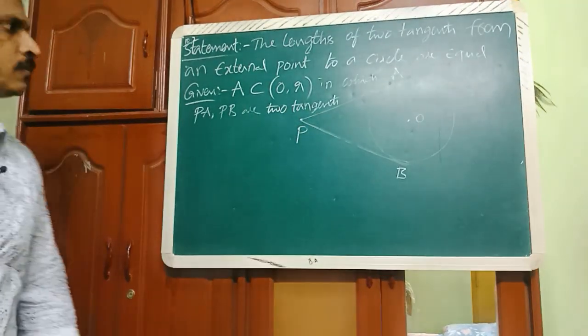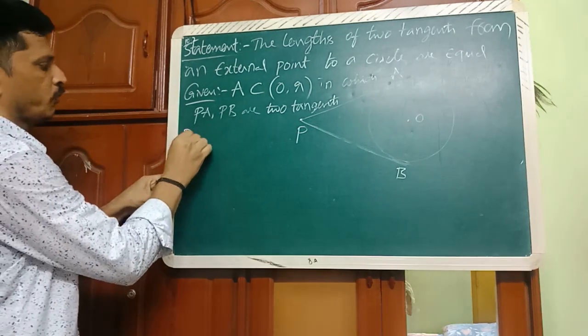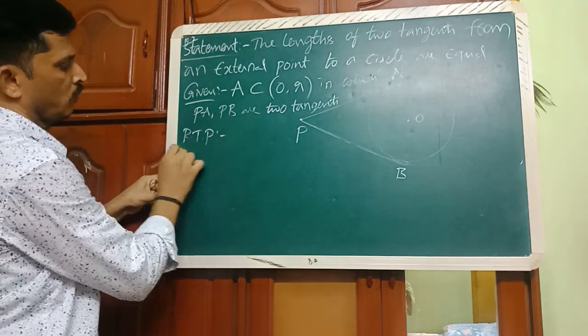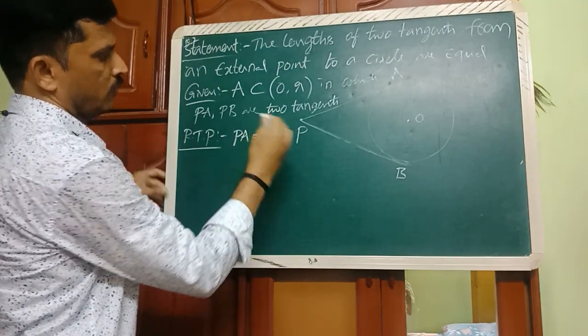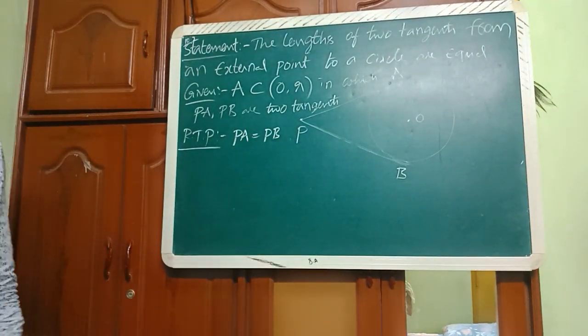What you have to prove? PA is equal to PB.